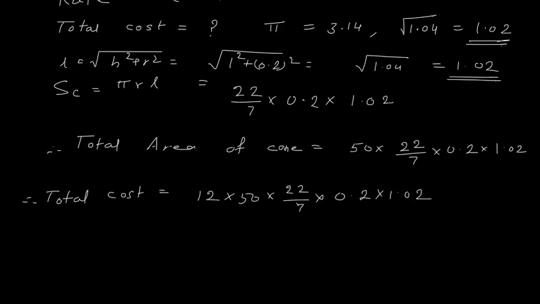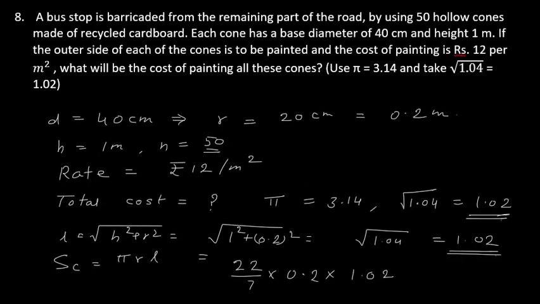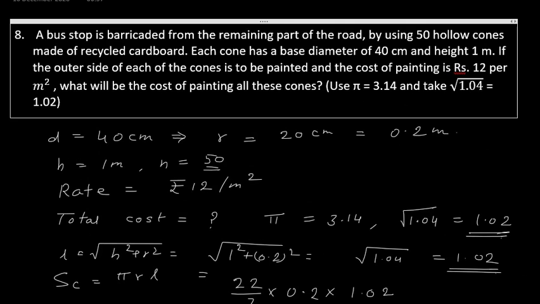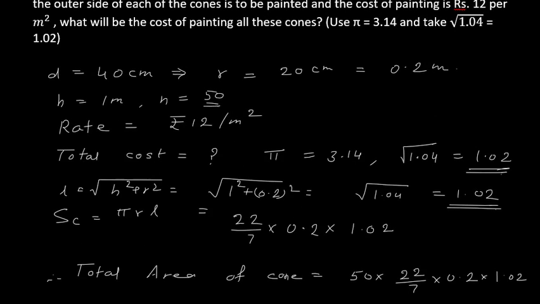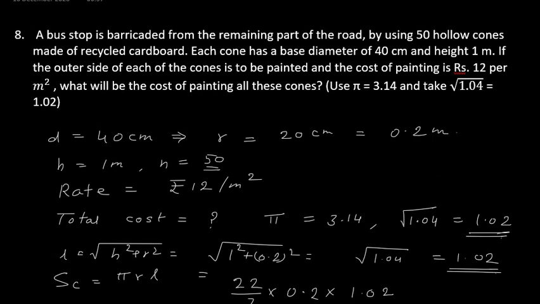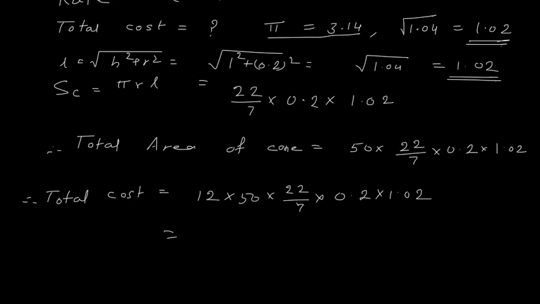Again nothing is cancelling. In such problems, they generally mention what value of pi we should use. Here they have given 3.14, so in place of 22 divided by 7, we are going to use 3.14.